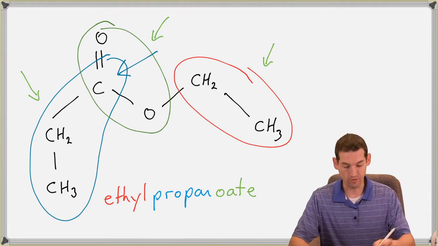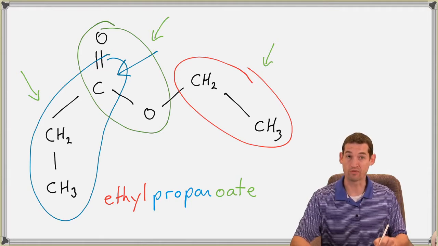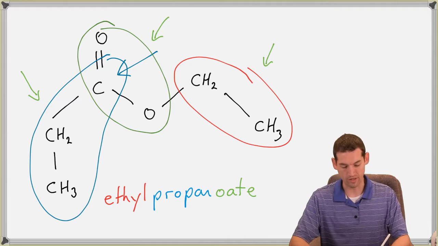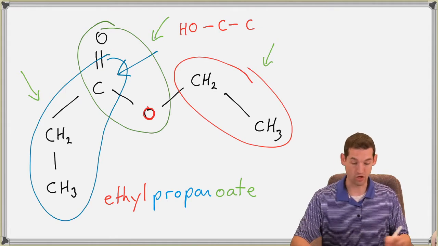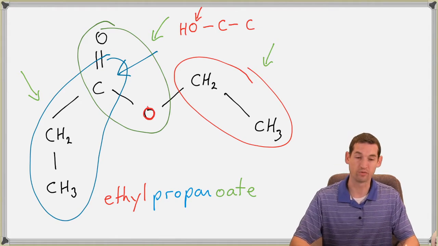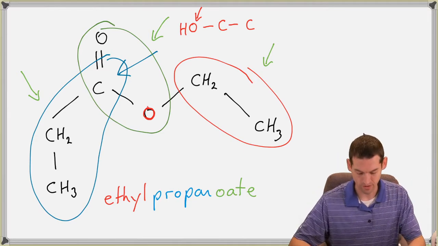If you remember that the branch had to have come from an alcohol, that had to have been a 2-carbon branch with an OH attached to it. In fact, this O right here is actually the O from that alcohol group. The H is going to come off. Again, we'll learn more about that later.